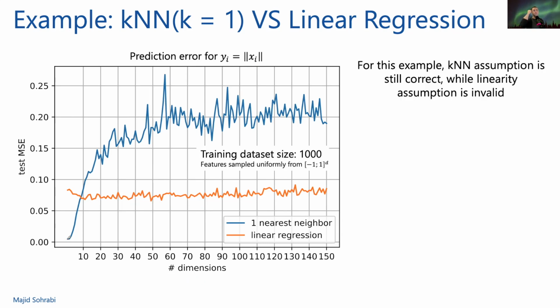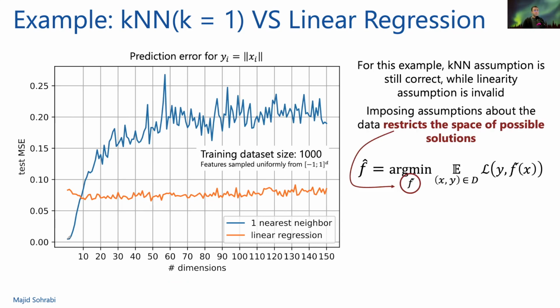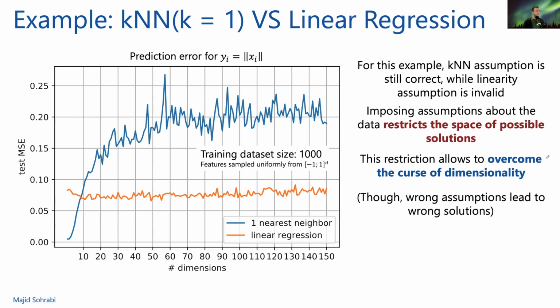So still the assumption for KNN is correct, but the linearity assumption is not valid anymore because the target is not the linear combination of the features anymore. So when we impose assumptions about the data, we are trying to restrict the space of possible solutions to get a best mapping, which is supposed to minimize the expected loss over the whole population.